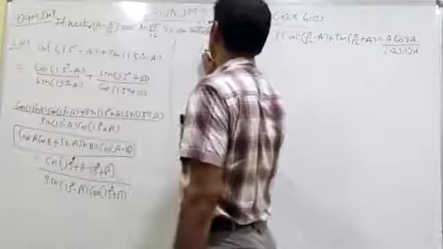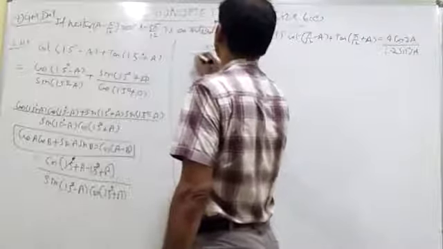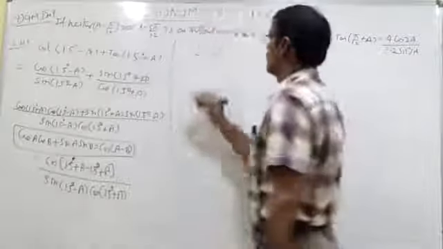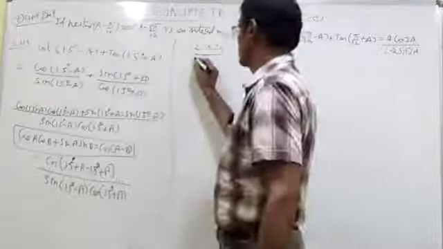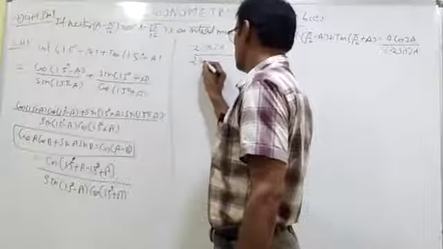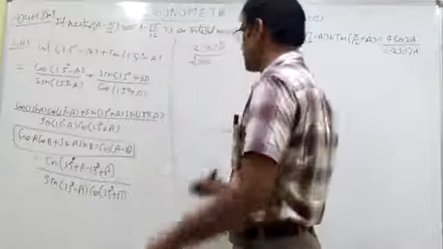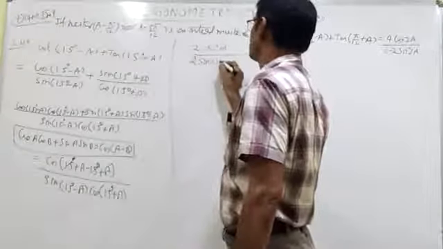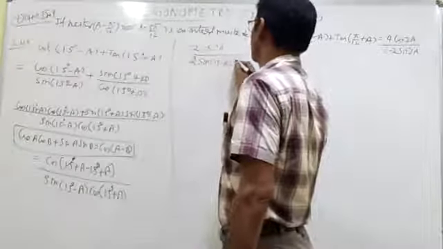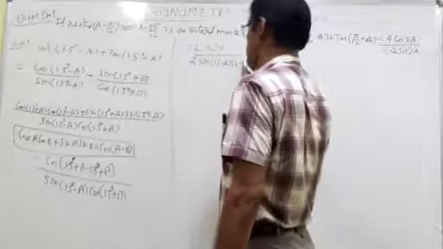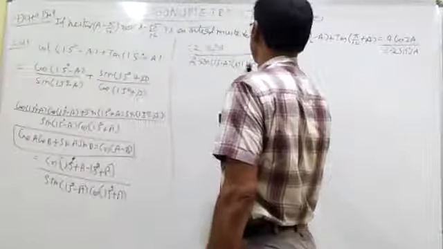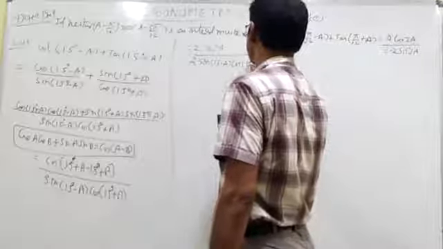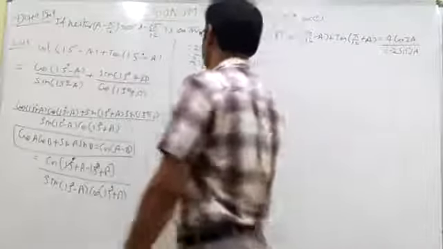In the numerator we have cos 2a, by, now let us multiply and divide with 2, because the denominator can be understood as the 2 sin a cos b formula. So this is 2 sin of (15 minus a) into cos of (15 plus a), in degrees.